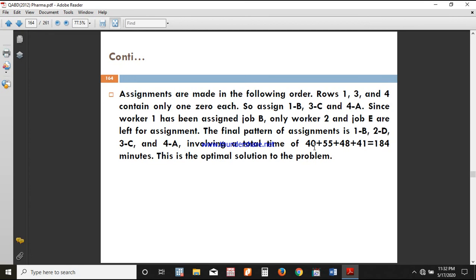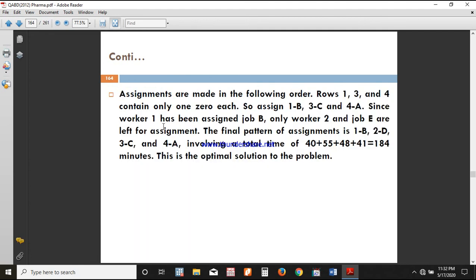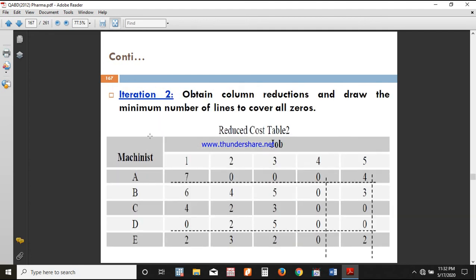Therefore 40 plus 55 plus 48 plus 41 is 180 minutes to complete the job set. You can do this as home-based assignment practice by taking into consideration the above steps.